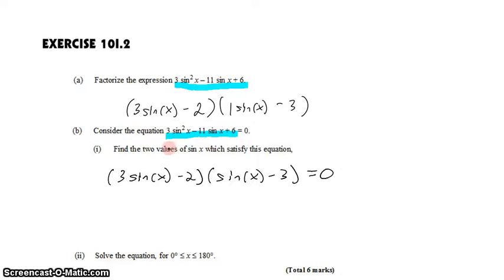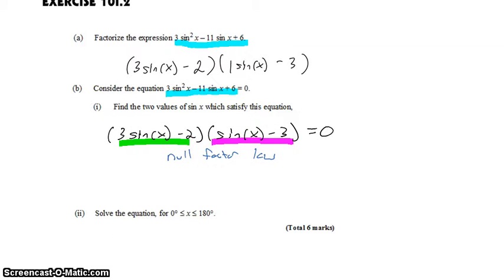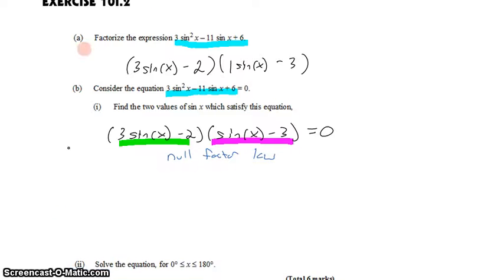Now, how does that help me making the substitution from the polynomial form to the factorized form? Well, it allows me to use the null factor law, which tells me that if two things are multiplied together and equal 0, then one or both must be 0.